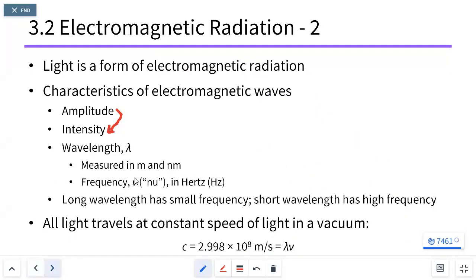Frequency, on the other hand, is measured in hertz. Hertz are reciprocal seconds.